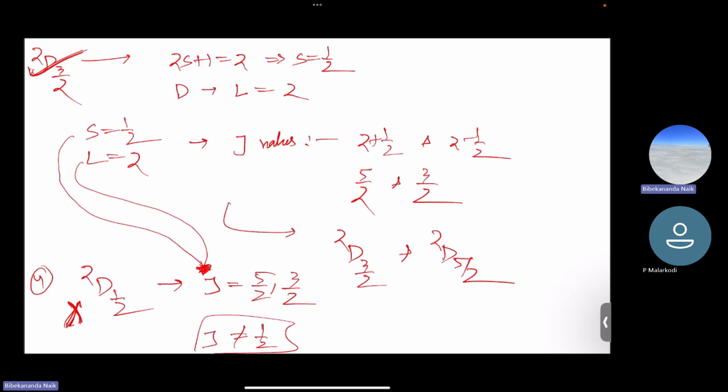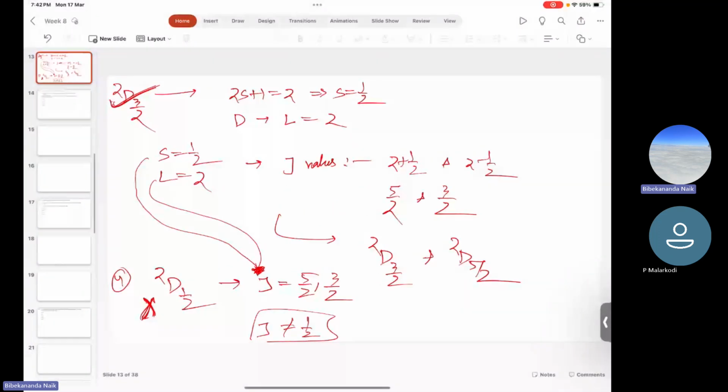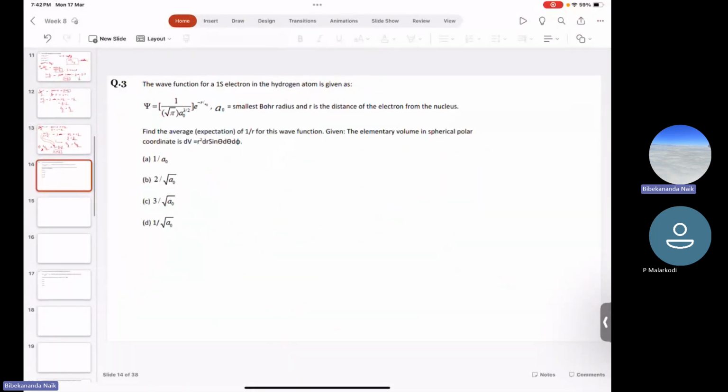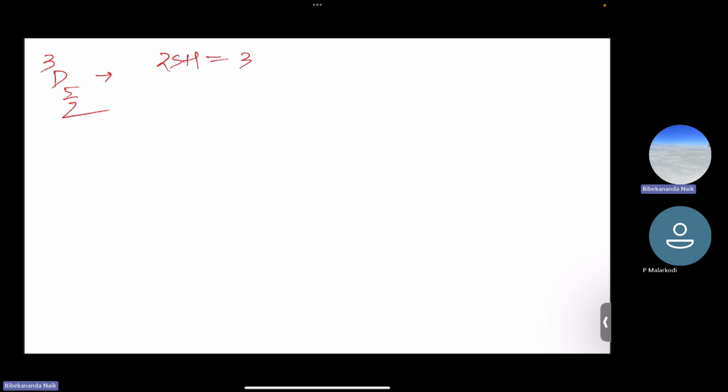Similarly, let's check another term. For example, I will write 3D 5 by 2, whether it is possible or not. So 2S plus 1 is 3, that implies S is 1. Again for D, L is 2.